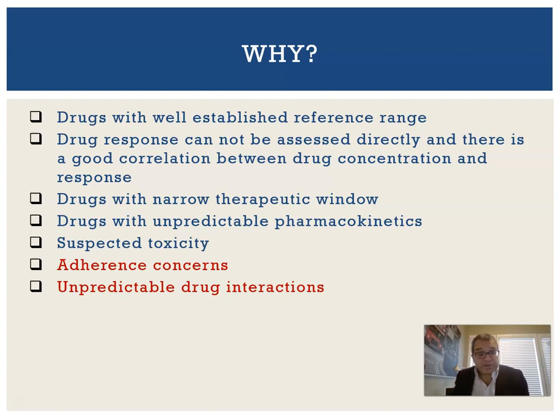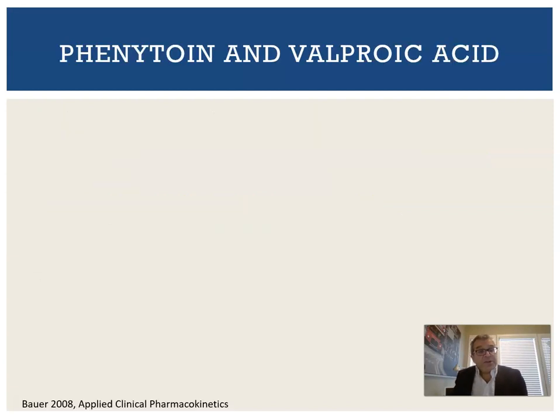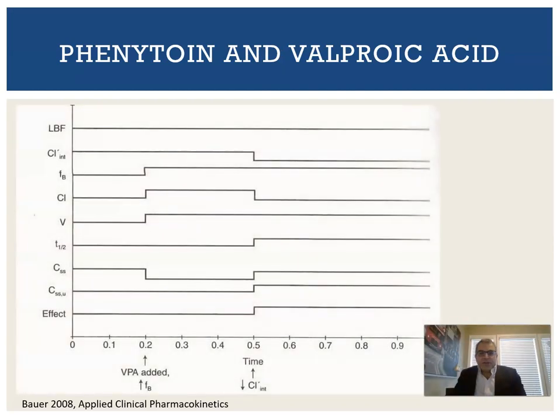I'll give you two examples here: phenytoin and valproic acid. This graph shows the changes in the pharmacokinetic parameters of phenytoin when valproic acid is added. Okay, so this is time 0, a patient on phenytoin, and these are the pharmacokinetic parameters. You don't have to focus on these numbers, these values, but I want you to see something here.